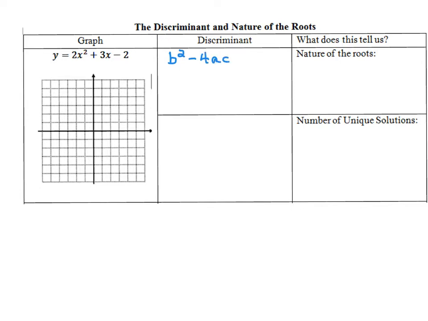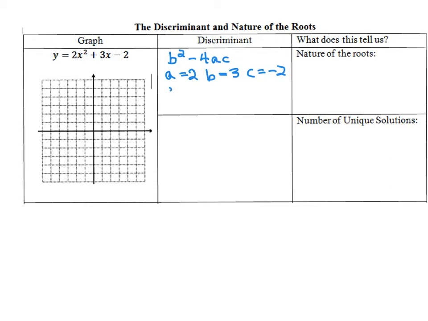So let's look at the first equation. y equals 2x squared plus 3x minus 2. In this quadratic equation, we see that a is equal to 2, b is equal to 3, and c is equal to negative 2. So let's calculate the b squared minus 4ac.